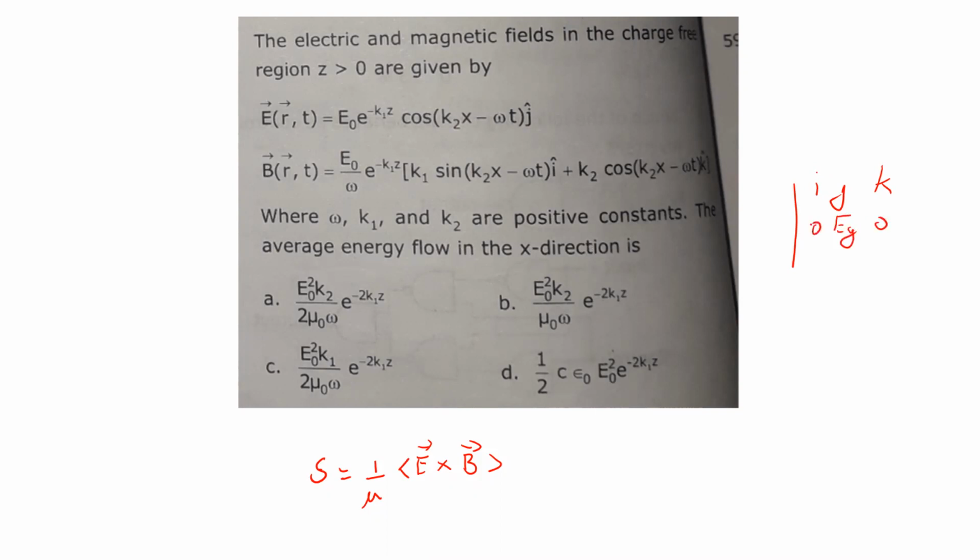So 0, 0, and then we have Dx. Dx is given here. The i component is also 0, the y component is 0, and Dz is given here. The k component is given. So you have to evaluate only the i component.